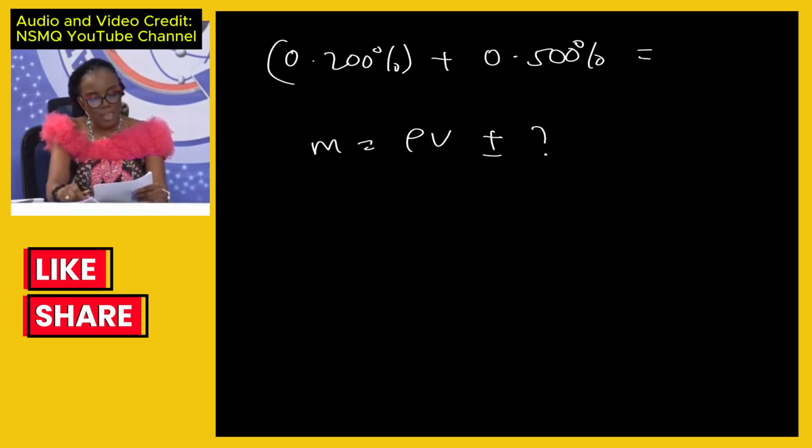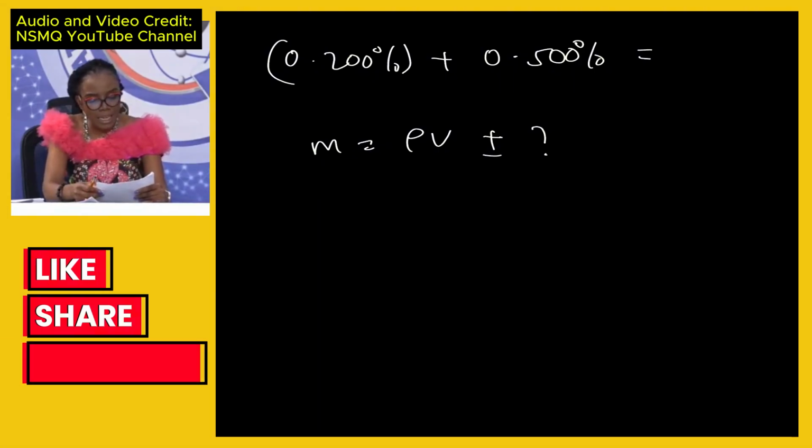One more time. In a certain laboratory, the relative uncertainty in length measurements is 0.200% and the relative uncertainty in density measurements is 0.500%. Find the mass together with its uncertainty of an object with the given properties as determined by the laboratory.